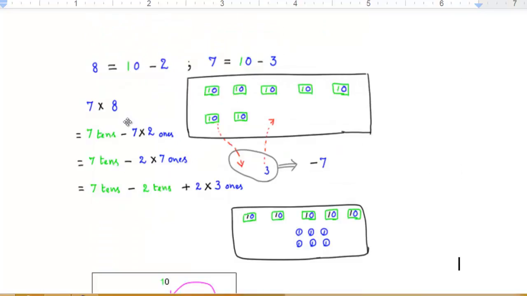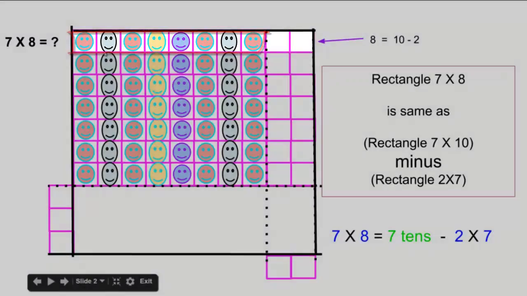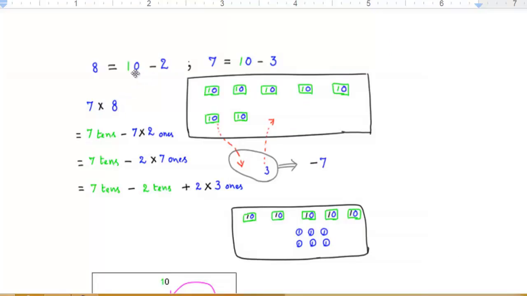However, in this smart arithmetic, to figure out 7 times 8, we began by identifying that every 8 is just 2 short of a full 10. Every 8 is a 10 minus a 2. Therefore, 7 eights should have 7 tens minus 7 twos.